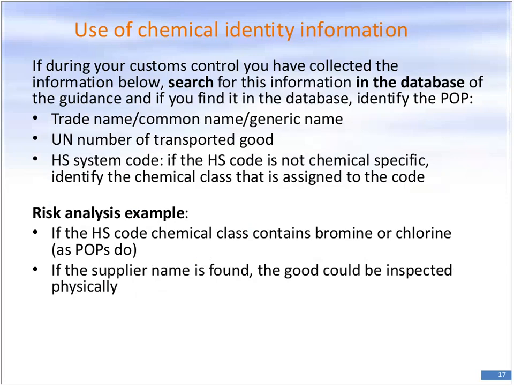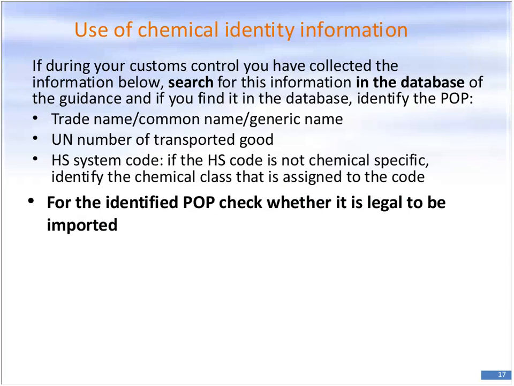An example for a risk analysis: if the harmonized system code chemical class says it contains bromine or chlorine, as POPs do, you could have a closer look at the actual good that is supplied, or if the supplier name is found in the list in Annex 4A, the good could be inspected physically, just as an example.